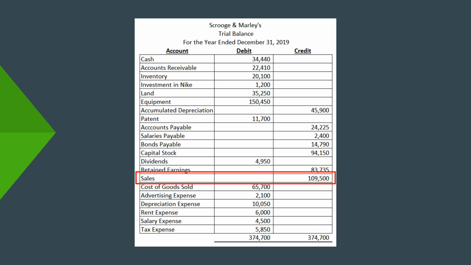What we have to do is subtract out that $109,500. And the way we subtract in accounting is to use the opposite of what's currently there as a balance.